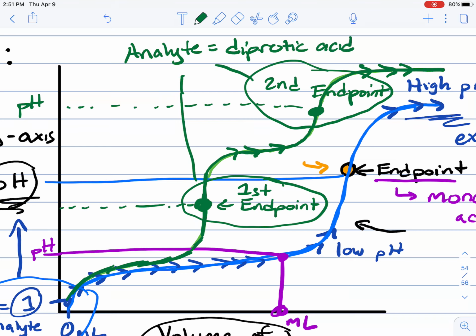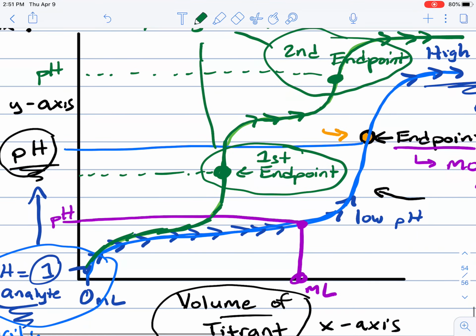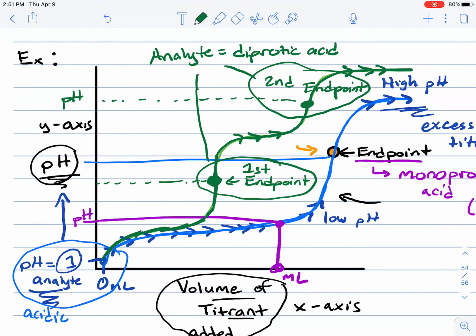Okay. And so we're going to learn how to calculate specific points on a titration curve that will allow us to build a graph that looks like this.